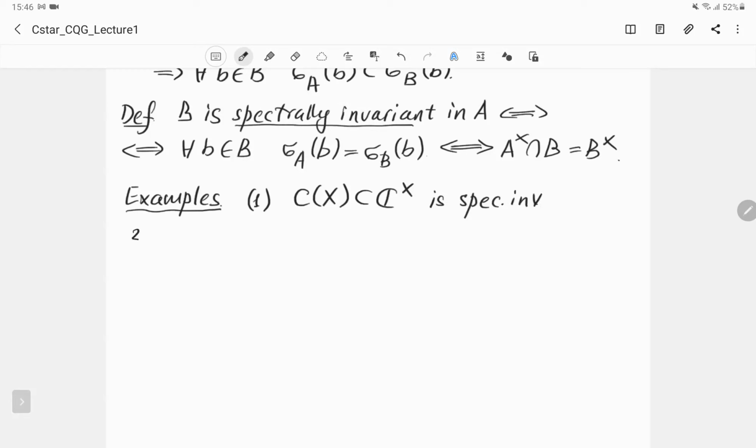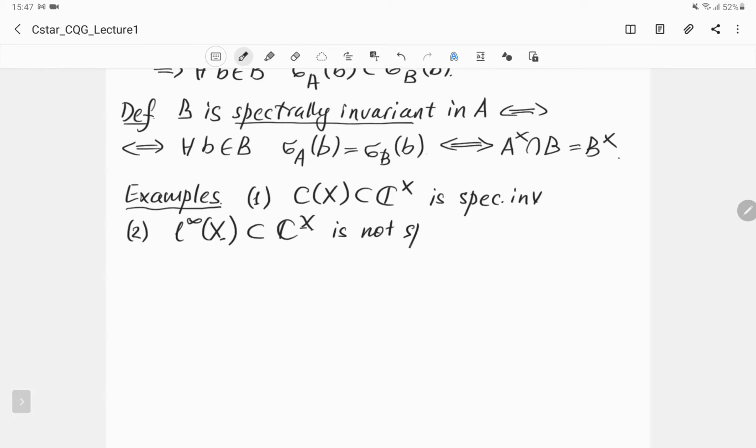On the other hand, if we take an arbitrary set big X and consider the algebra of bounded functions on X, little l infinity of X, then this algebra is not, in general, spectrally invariant in the algebra of all functions on X. In fact, it is not spectrally invariant for each infinite set X. Well, indeed, we have already seen that the spectrum of a bounded function is the closure of f of X. And the spectrum of a function considered as an element of the algebra of all functions is just f of X. So since X is infinite, it is very easy to construct a bounded function f whose range is not closed.